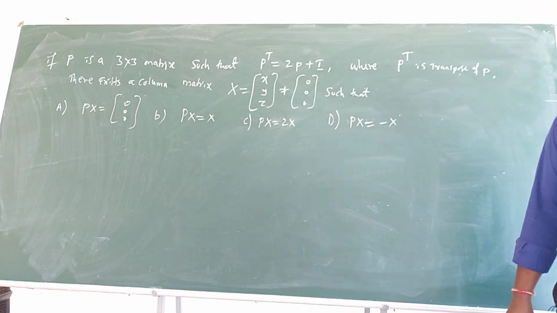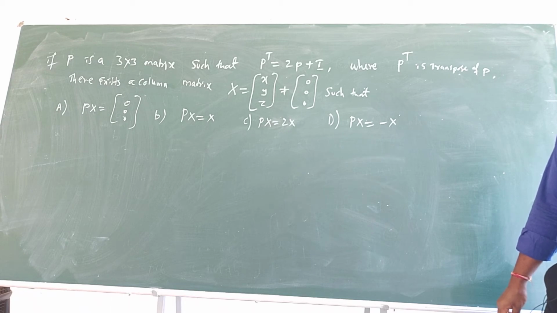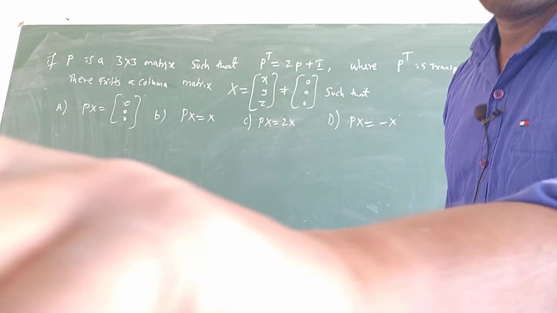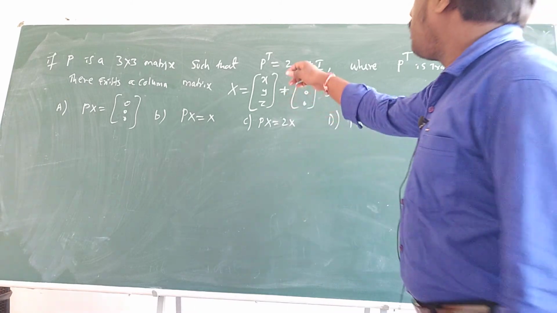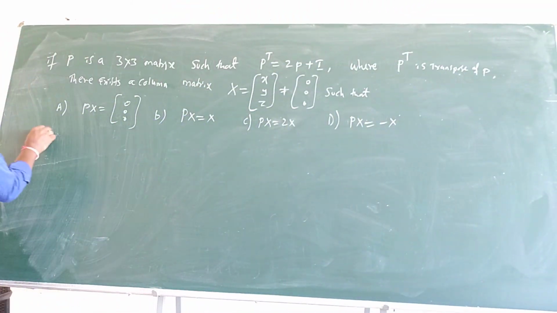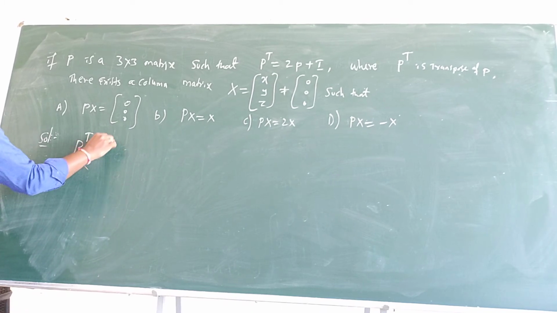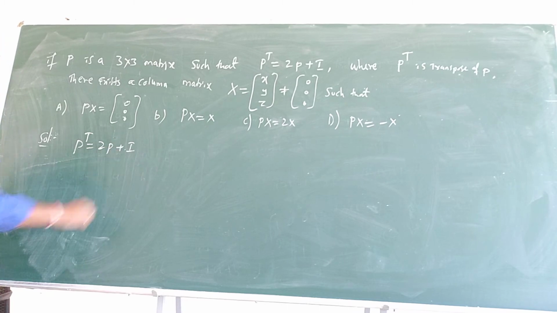So what we do here, first take the given point. What they have given is P transpose is equal to 2P plus I. This is a JEE question, okay?